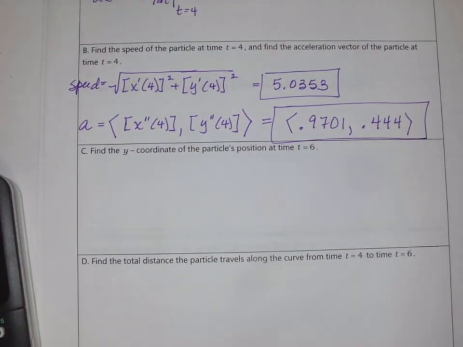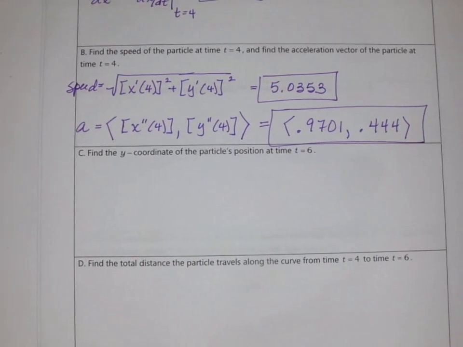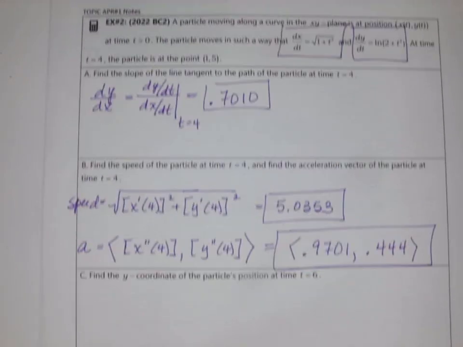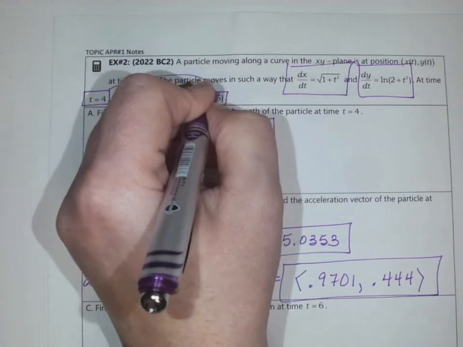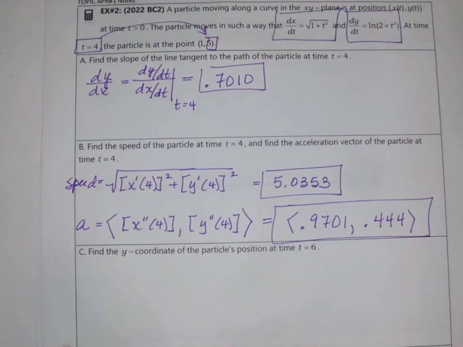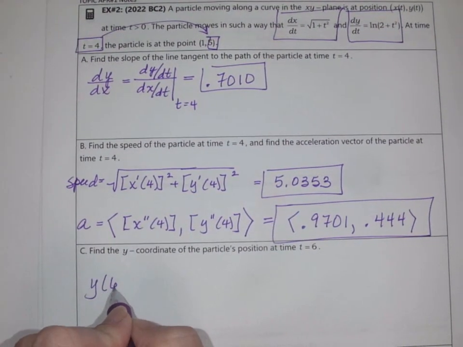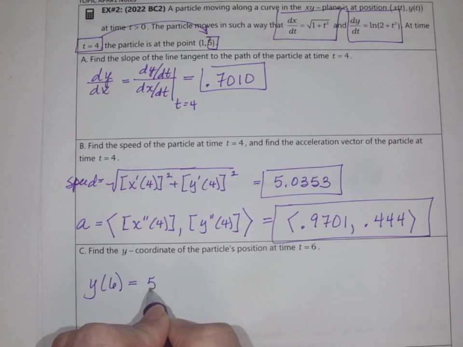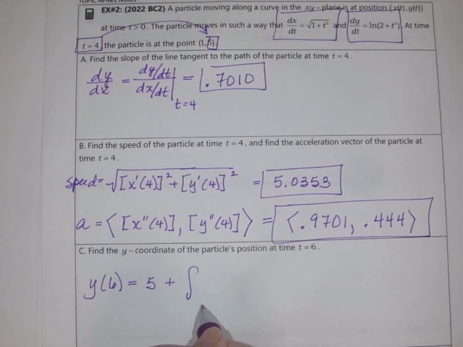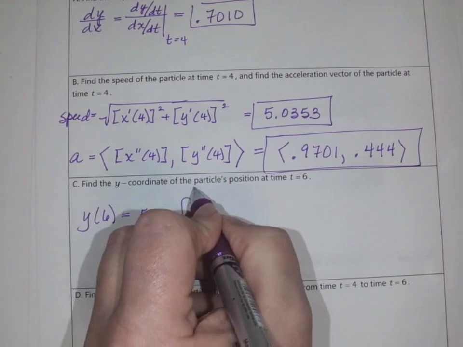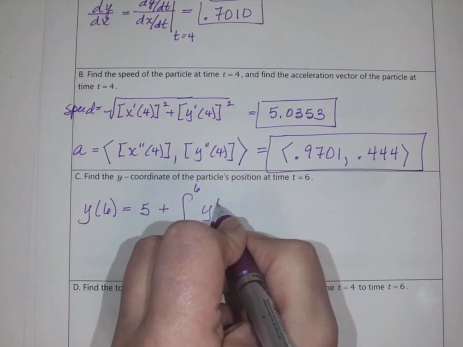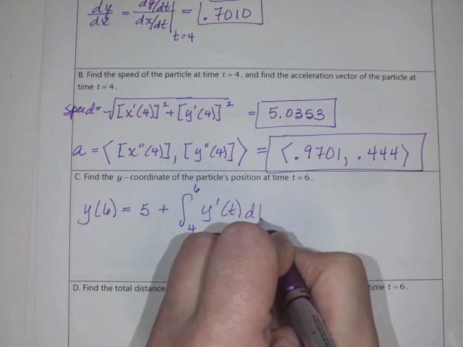All right, next one says find the y-coordinate of the particle's position at time t equals 6. So this is, again, what you want is equal to what you have plus the integral. So what we have is at time t equals 4, the y position is 5. So y of 6 is going to be equal to 5 plus the integral. Now that was at time t equals 4, so we're going to do from 4 to 6, and I like to put it as y prime of t dt.